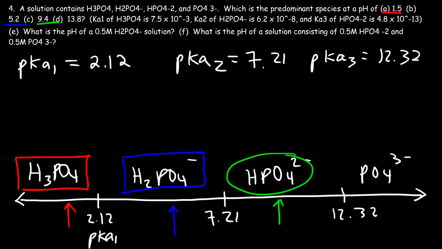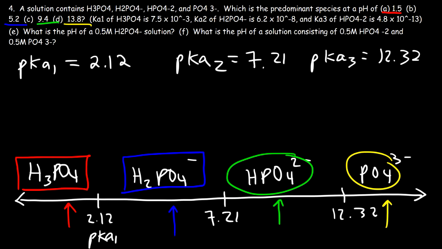And then in part D, at a pH of 13.8, it's going to be phosphate, which is somewhere in that region. And so, as the pH increases, you need to take off a hydrogen atom. The number of hydrogens on the phosphate ion will decrease. So that's how you can determine the predominant species in a solution if you're given the pKa values and if you know the pH of the solution.